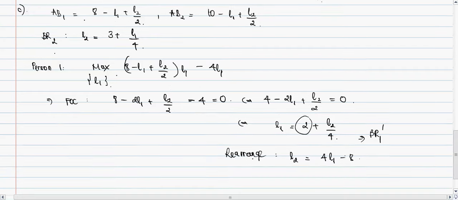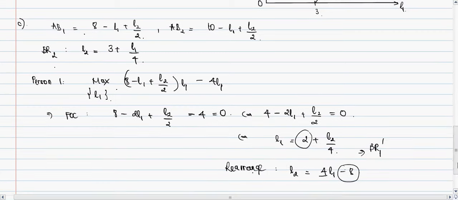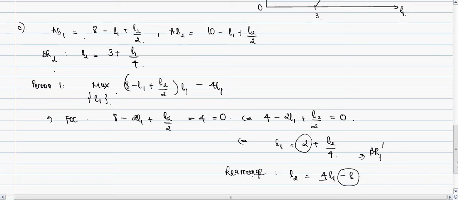Again, looking at this, it's still a straight line with the slope equal to 4, so you know that the new best response function will have to be parallel to the old one, because the slope is still equal to 4. The only thing changing is the vertical intercept here. So instead of negative 12 like before, it's now equal to negative 8. The line will have to be parallel to the original line.